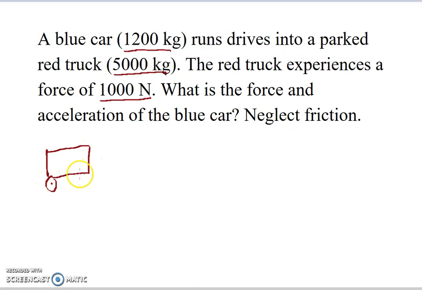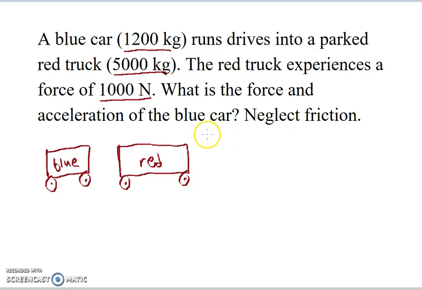We've got a car here, labeled blue, and then a larger car, our truck, labeled red. They're running into each other.